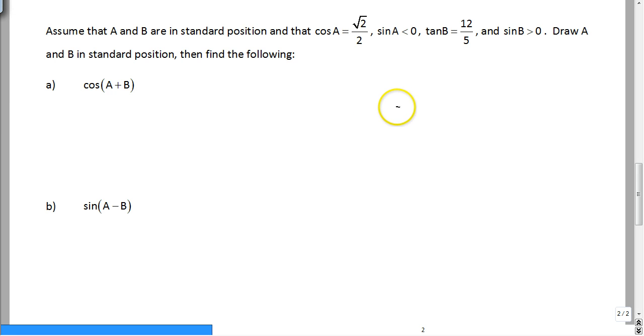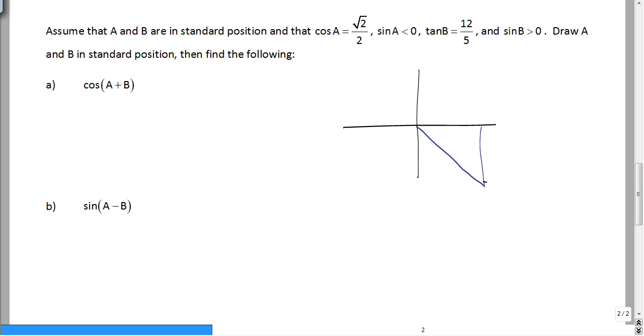So what we're going to do over here is start with our coordinate plane. And the first thing, angle A has a positive cosine value but a negative sine value. So that means we will be drawing this angle in quadrant 3, because that is where sine is negative and cosine is positive.